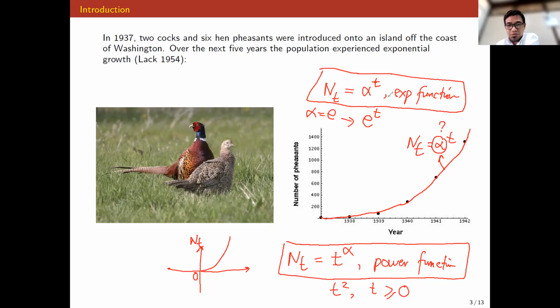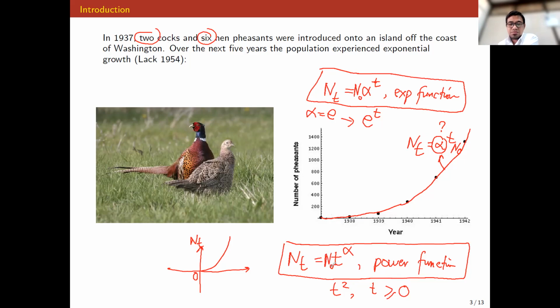I think I have to add something, and not is the initial number of populations. For example, and not here is 2 plus 6, so it will be 8 birds in the beginning.